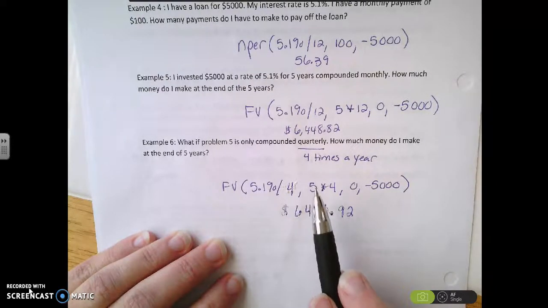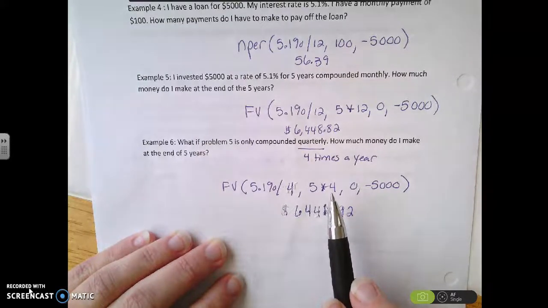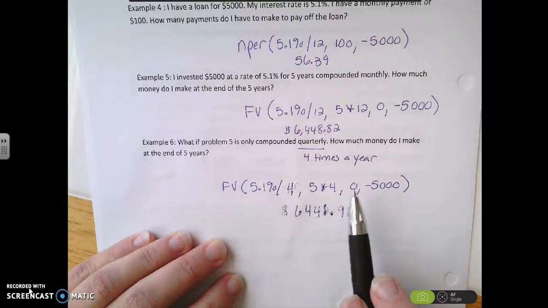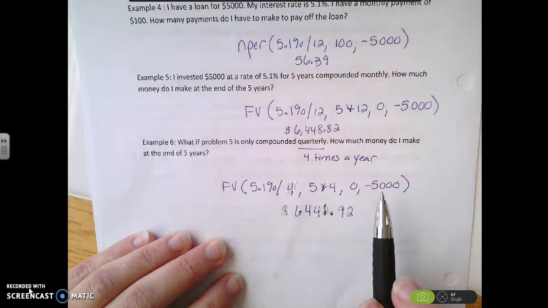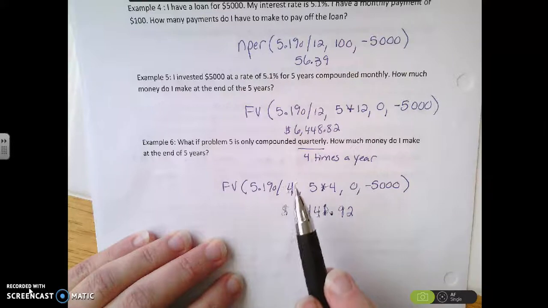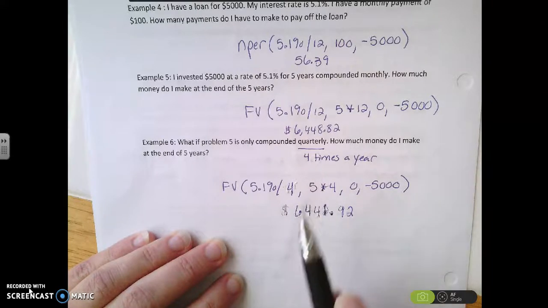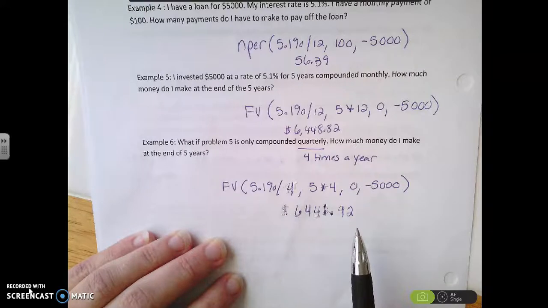And you're going to take the number of years, which is 5, and multiply it by 4 because it's compounded quarterly. There's still no monthly payments and it's still $5,000 invested. So at the end of 5 years compounded quarterly, which means 4 times a year instead of 12 times a year, I would have $6,441.92 in my account.